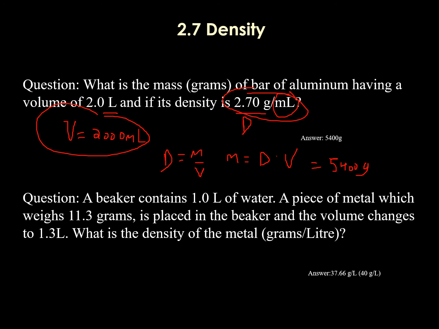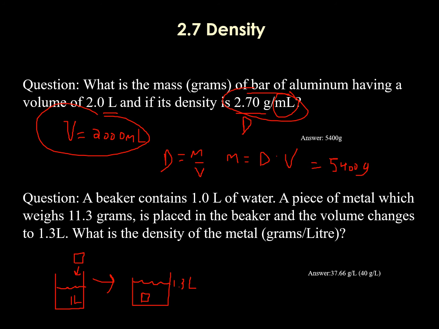In the next one you have a beaker of water, which is 1 liter. You add some metal into the water, and then you get a higher volume. So now you have 1.3 liters.